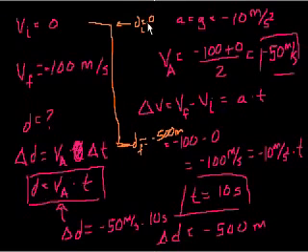We could have done it the other way around, where we said this is plus 500 meters and then this is 0. But all that matters is really the change in distance, right? From the top of the cliff to the ground, the change in distance is minus 500 meters. And based on our convention, we said minus is down. So the change is 500 meters down. And that's the height of the cliff.